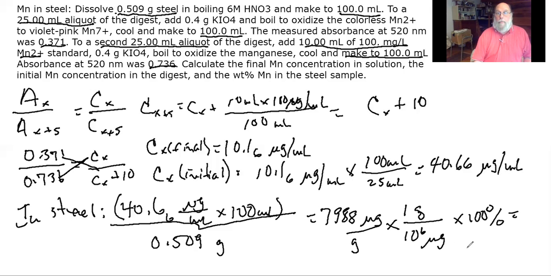And we end up with, well, let's go ahead and round it to 2 sig figs. And we got, whoops, I just erased the whole darn thing. Well, we end up with 0.80 weight percent Mn.